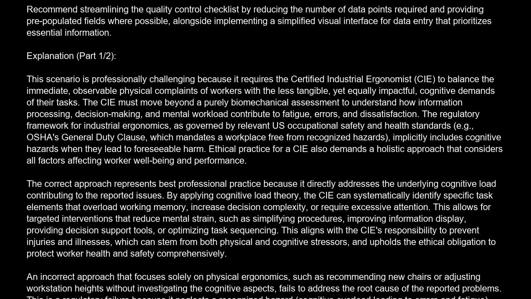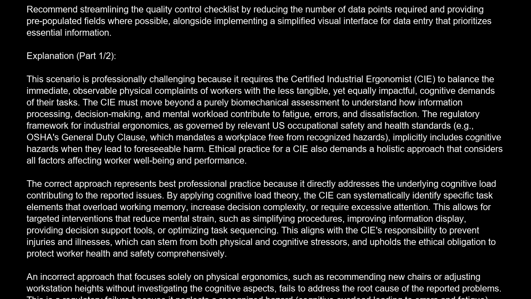The correct approach represents best professional practice because it directly addresses the underlying cognitive load contributing to the reported issues. By applying cognitive load theory, the CIE can systematically identify specific task elements that overload working memory, increase decision complexity, or require excessive attention.